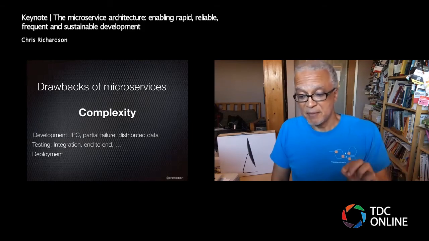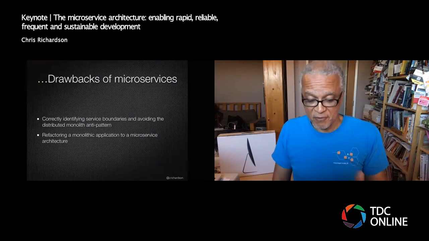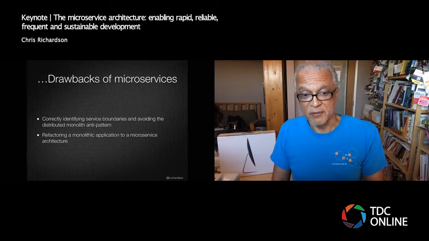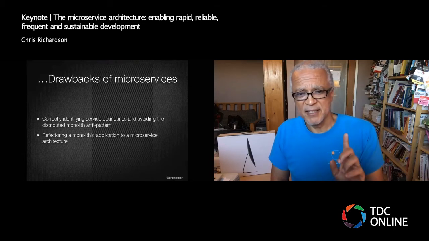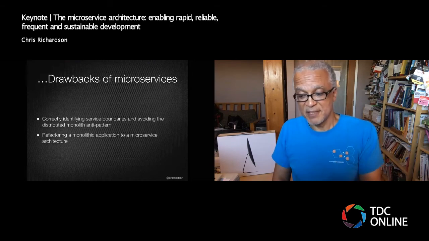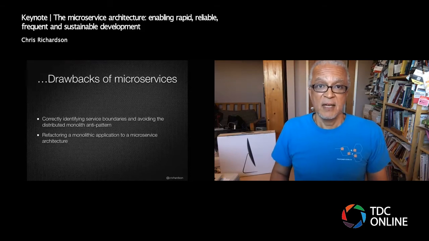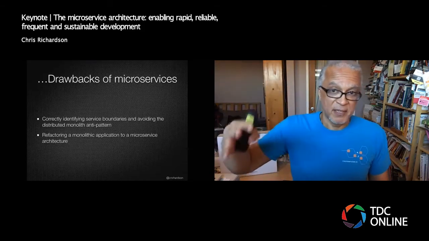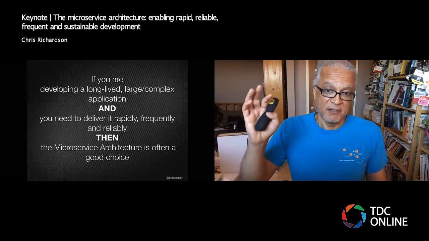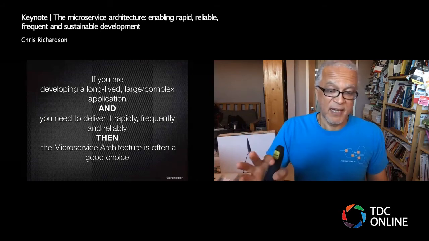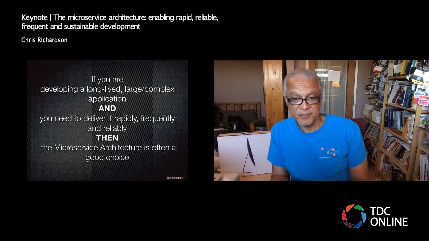For example, Airbnb, I think they started back in 2015, so 5 years ago, refactoring their Ruby on Rails monolith to a modern microservices architecture. And I believe that they're mostly done, but they've still got more work to do. So a very long journey. But in general, if you are developing a long-lived application that's large, complex, with a lot of people, and you need to deliver it rapidly, frequently, and reliably, then the microservice architecture is often a good choice, right?